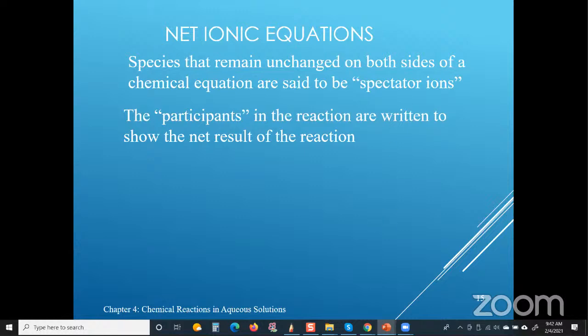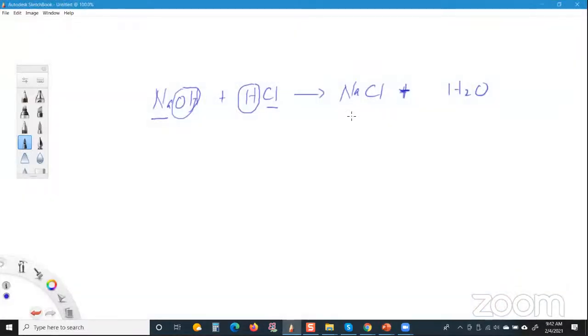What I just described to you, this type of equation, is oftentimes referred to as a molecular equation, which is a bit of a misnomer because not all the substances involved in this reaction are molecules. Sodium hydroxide is definitely not a molecule. Sodium chloride is not a molecule.